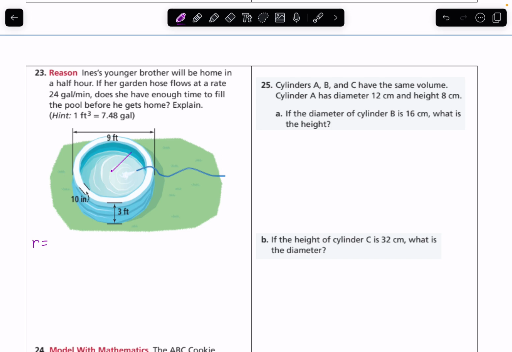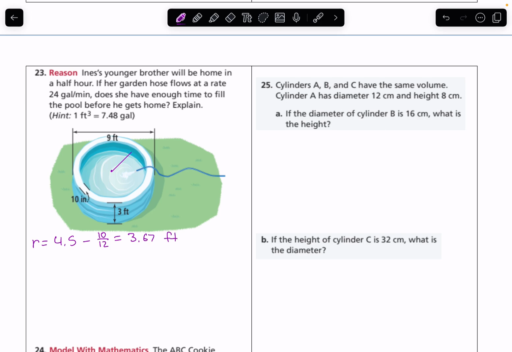If we take 9 feet and divide it by 2, the radius from the center to the outside is 4.5 feet, minus the thickness of the pool. That's measured in inches. So I'm going to change that to feet by calling it 10/12 of a foot, 10 inches out of 12 inches. And then when I simplified this, I just turned it into a decimal altogether. I said the radius is around 3.67 feet.